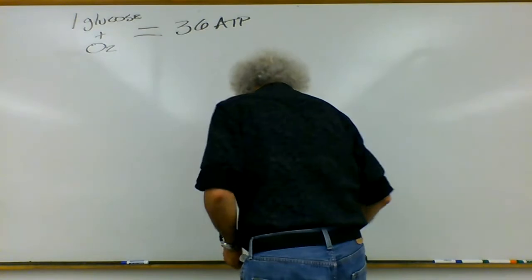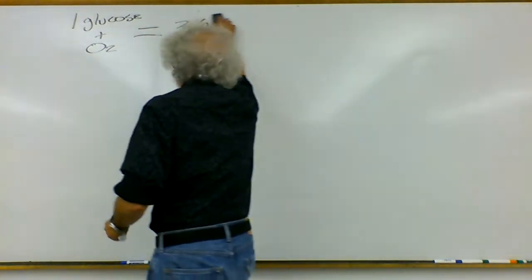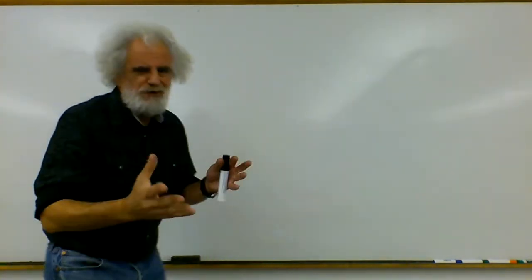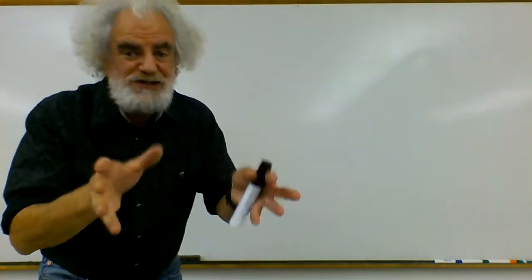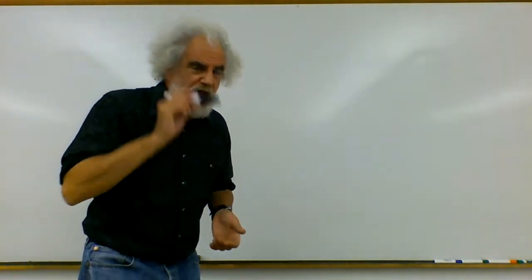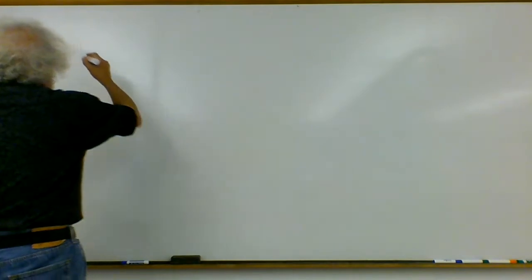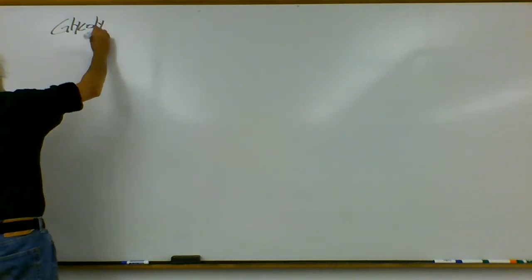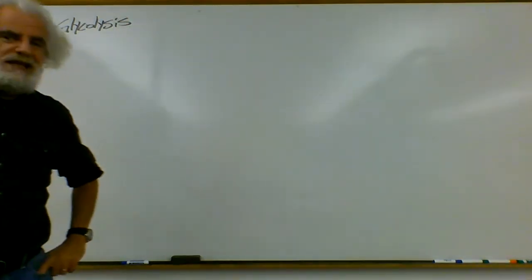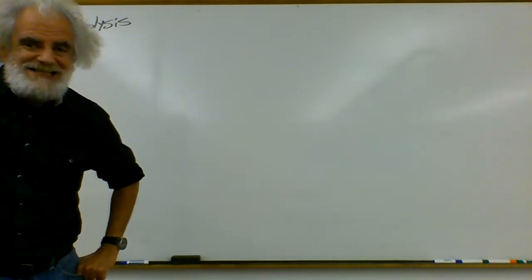We can break down the breaking down of sugar into 3 separate stages. Some people are lumpers. I am. 3 stages. Some people are splitters, and they do 4 stages. We'll get to that. Stage 1 is called glycolysis, the splitting of sugar.